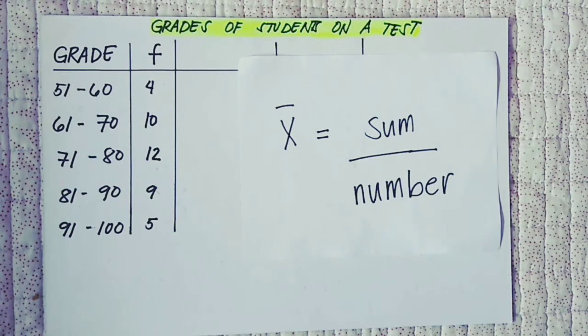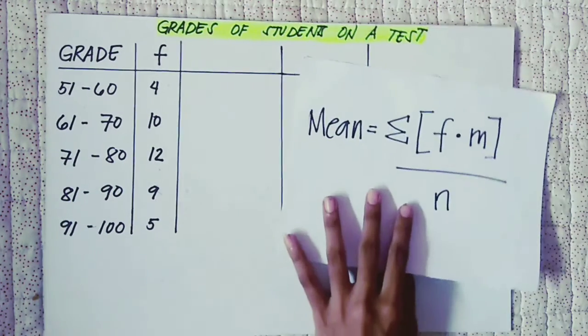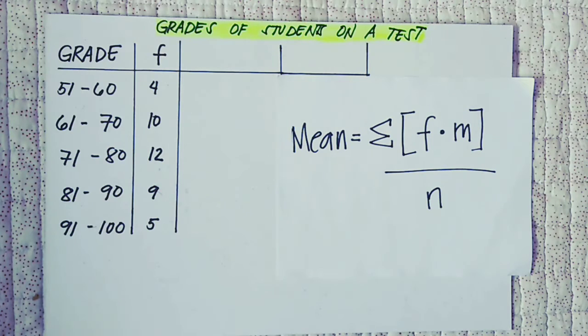But for the grouped frequency table, the mean is gonna be something similar, but that equation will be modified a bit. It's gonna be the sum of the product of the frequency values times the midpoint, because we can't really use individual scores here. So the best individual score would be the midpoint.